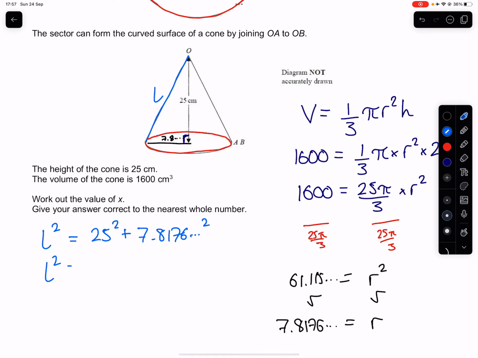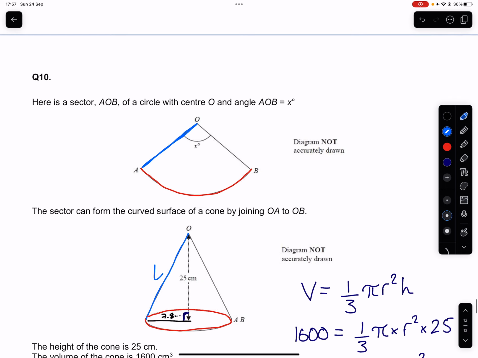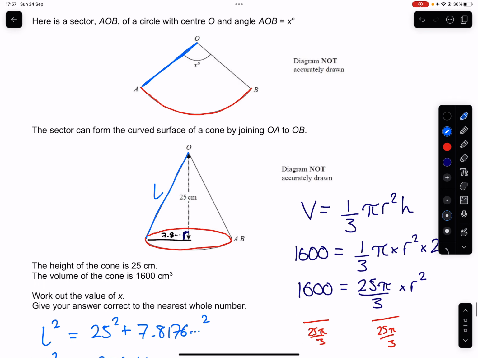L squared will then equal 686.11 and change. To get L, we do the square root of that number, and our value of L is going to be 26.193 and change centimeters.